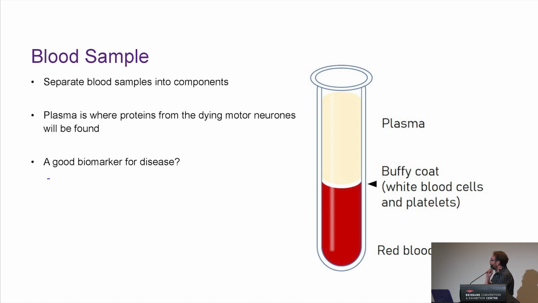That's all the immune cells. And the plasma. The plasma is normally a bit over half of the fluid in a blood sample. It contains no blood cells, but could contain these proteins from the motor neurons that are released as they are dying.